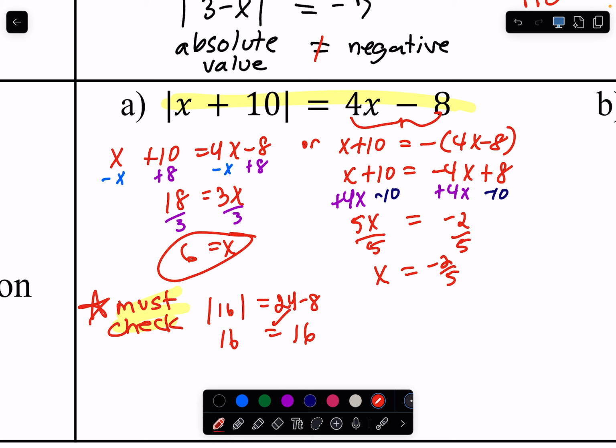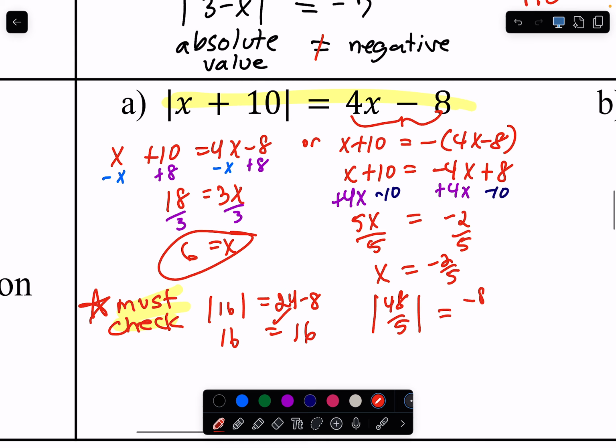That's okay. That's wonderful. Now we got to plug in -2/5. Feel free if you want to grab a calculator, but I'm going to show you how to do that in your head. Maybe. -2/5 plus 10. 10 is 50/5. So that's 48/5. 2 times 4 is -8/5.